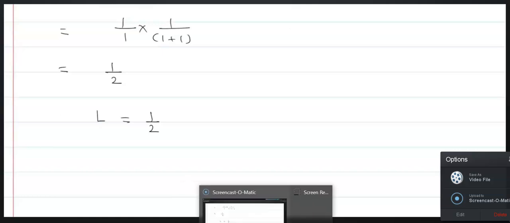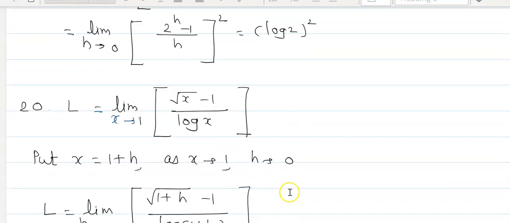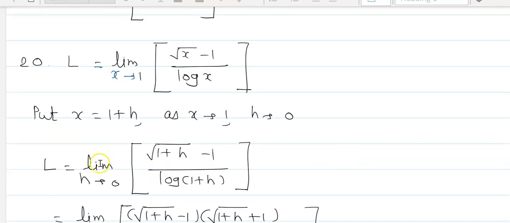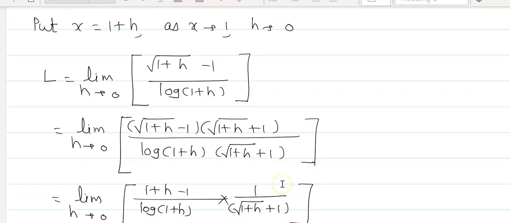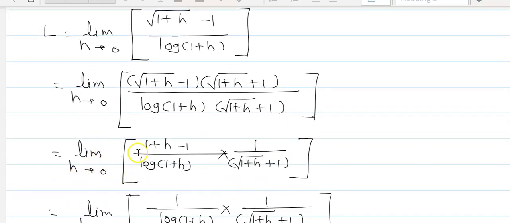And the next is series 7. L is equal to limit x tends to 1, (root x minus 1) upon log x. Put x is equal to 1 plus h; as x tends to 1, h tends to 0. L is equal to limit h tends to 0, (root of 1 plus h minus 1) upon log of 1 plus h. Rationalize it. Multiply numerator and denominator by root of 1 plus h plus 1. Therefore, you will get limit h tends to 0, (1 plus h minus 1) upon log of 1 plus h into 1 upon (root of 1 plus h plus 1).